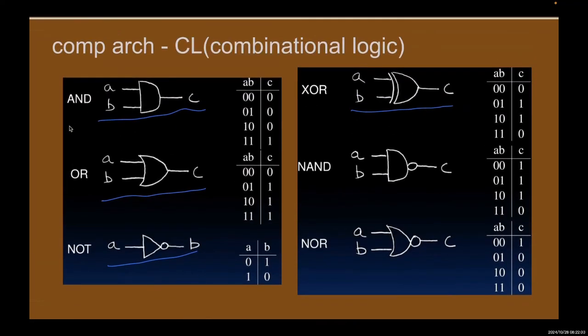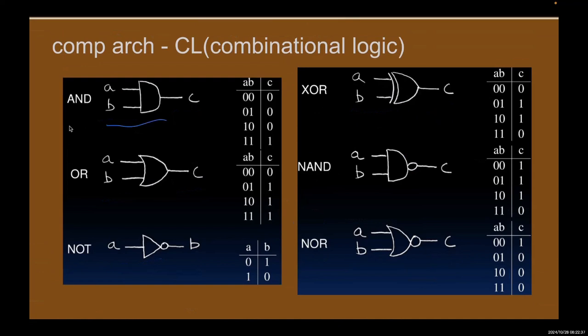And NOT AND and NOT OR just flip the output of AND and OR. So NOT AND is like, AND is 0001, and NOT AND is 1110. Similar for OR. Their notation just adds a small circle, and the circle means not.